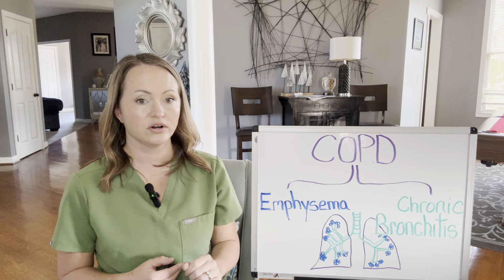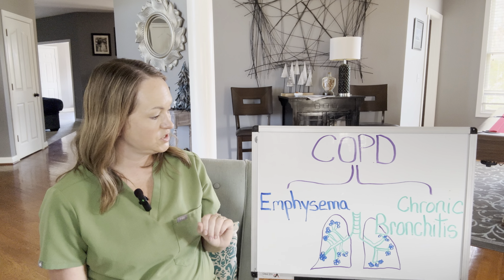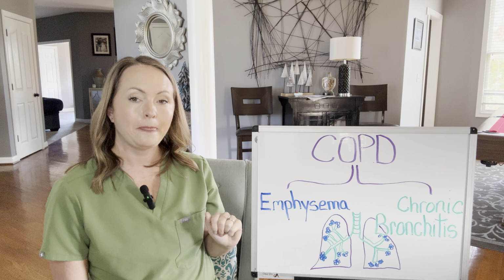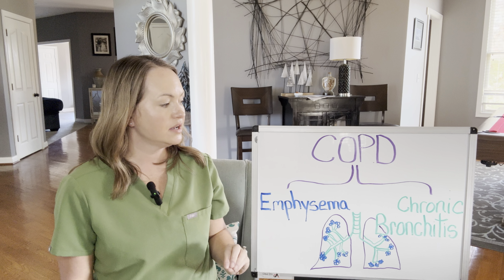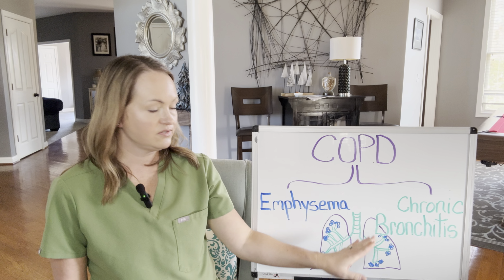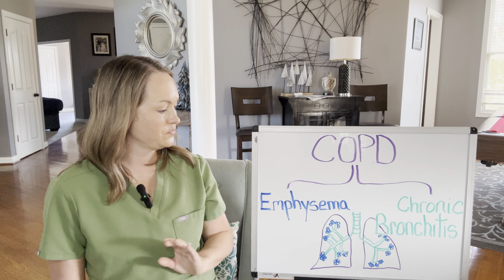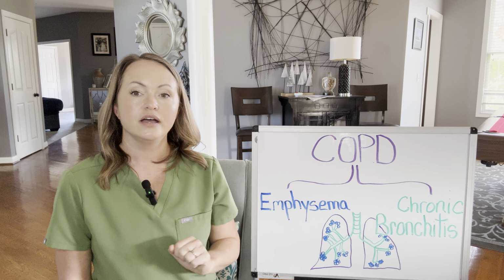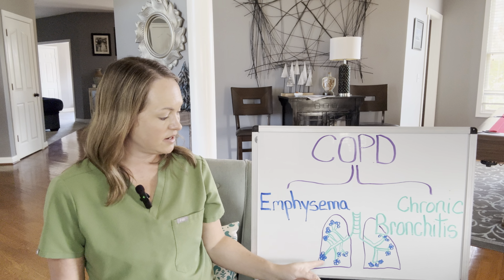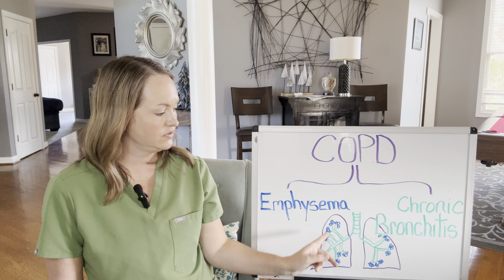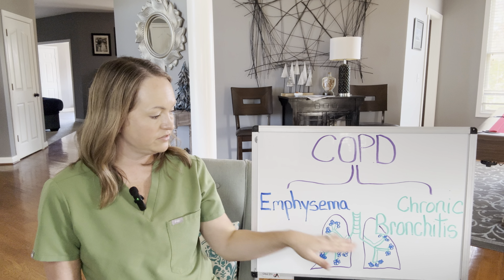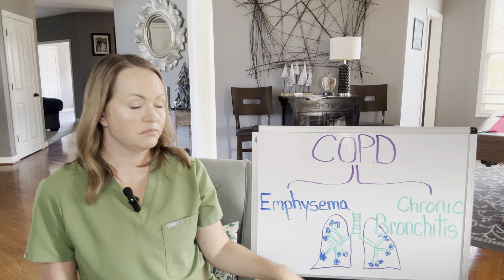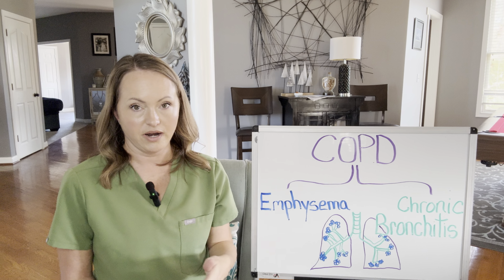Now, the other part of COPD is emphysema. This is why COPD is so bad, because the bronchitis affects the bronchial tubes, right? Well, the emphysema affects the air sacs at the end of all of those bronchial tubes. So COPD as a whole will effectively mess up the lungs all the way around.